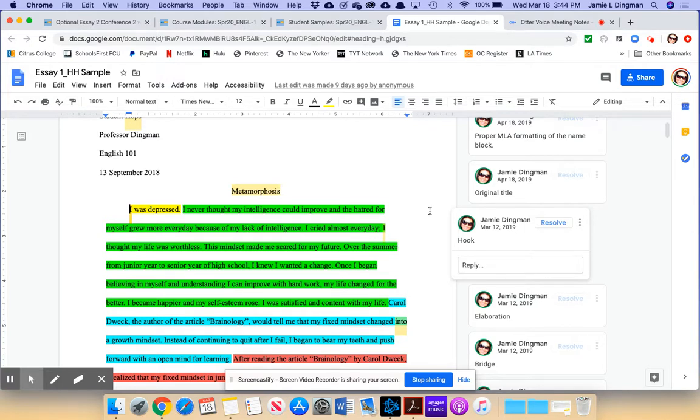But those are the 4 pieces of an introduction: hook, elaboration, bridge, and thesis. Elaboration elaborates on the hook, and then the bridge is the sentence or a couple sentences that help us bridge from our background information to our thesis. And the last part of an introduction is the thesis statement.